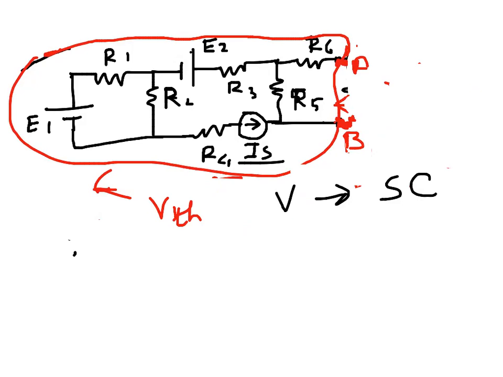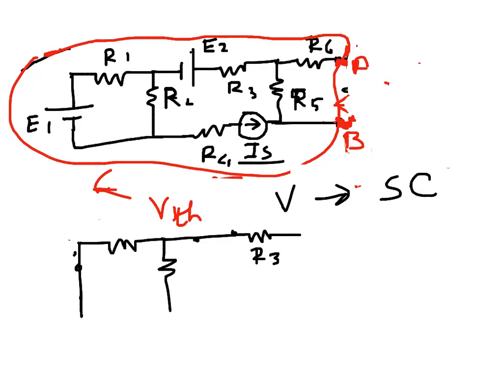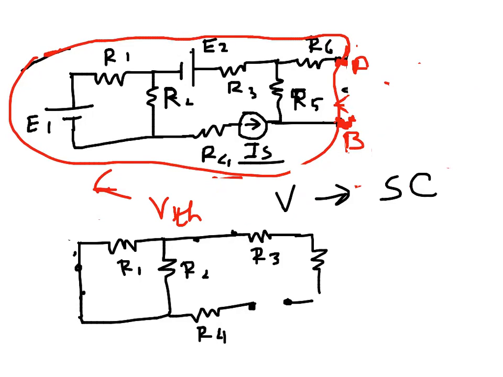This voltage source will be short circuited, the resistance stays like that, this voltage source again will be short circuited, E2, this resistance stays like that, R3, this is R2, this is R1, and this is short circuited, this is R4, and this current source is open, so here there is an open, and R5 stays there, and then R6 stays there.